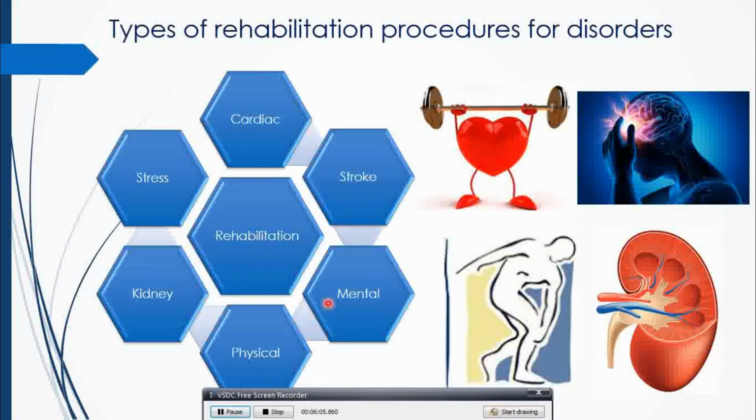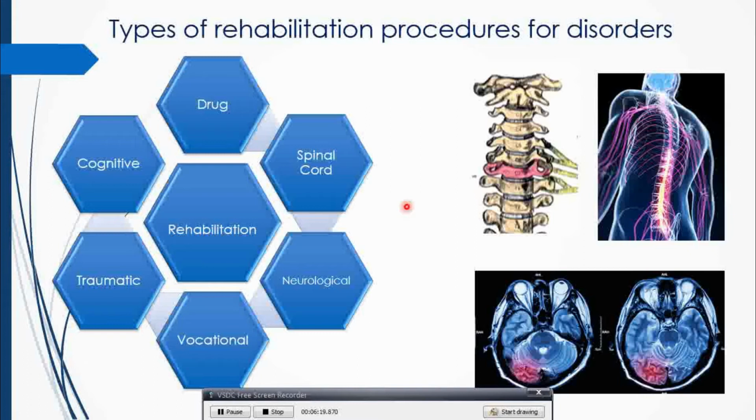Others are also considered, such as stroke. Stroke is also one of the rehabilitation procedures involved. Other than that, drugs. For example, if a doctor prescribes specific drugs for you, sometimes people can accept that they, for example, have diabetes or blood pressure. Some people will not accept it, and so they will skip the medicine, they will not take the medicine.